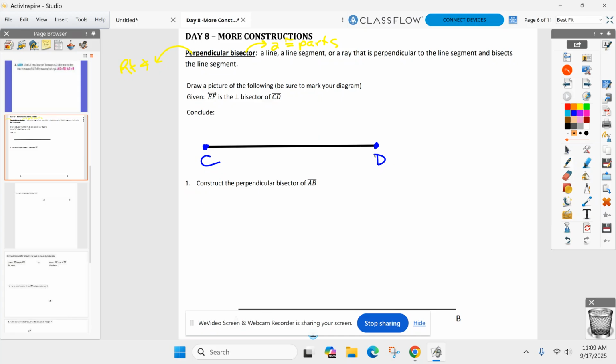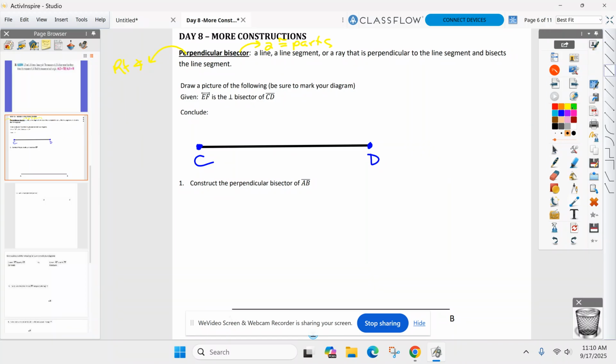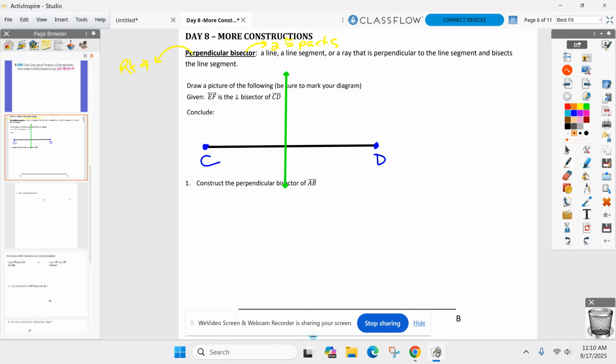Just draw it in where you think it would be. Hopefully most of you have something that looks like that, and hopefully you have points E and F somewhere on there, because it's called EF.